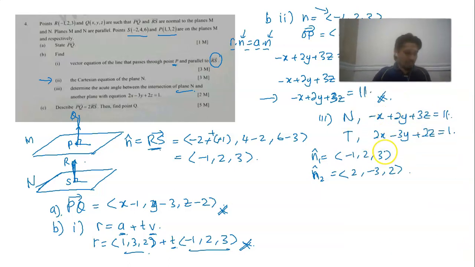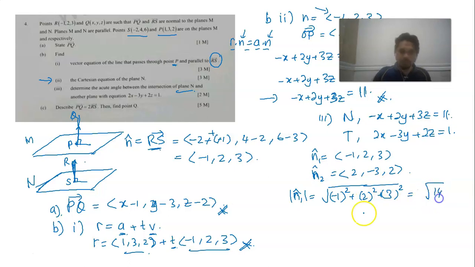Okay, so (-1, 2, 3) and (2, -3, 2). So now the modulus of n1, the normal one, is the square root of (-1) squared plus 2 squared plus 3 squared. And this one will give you the square root of 14.